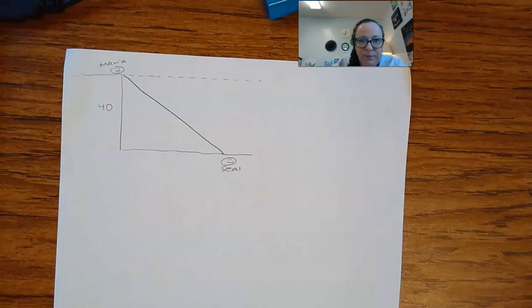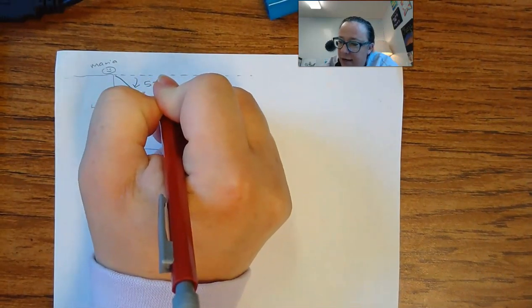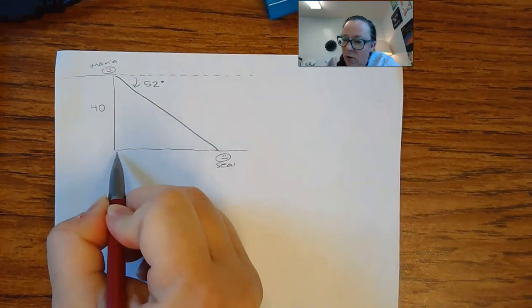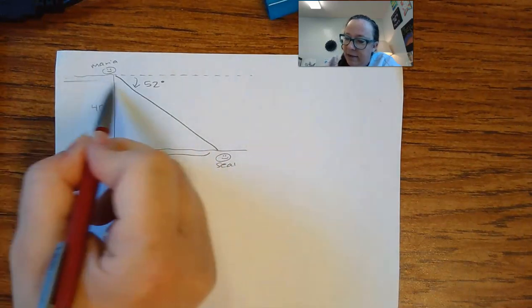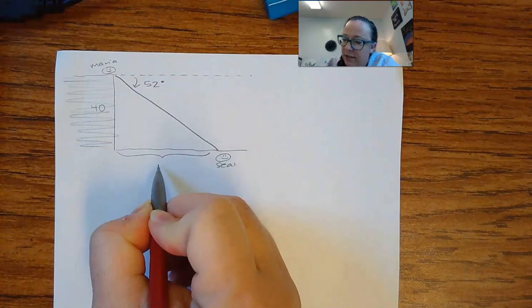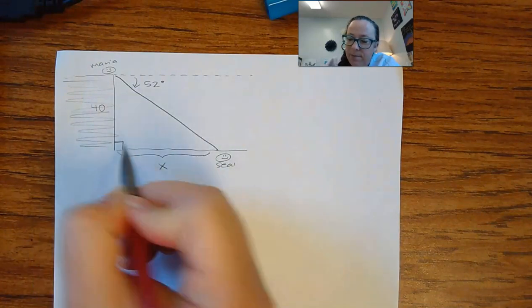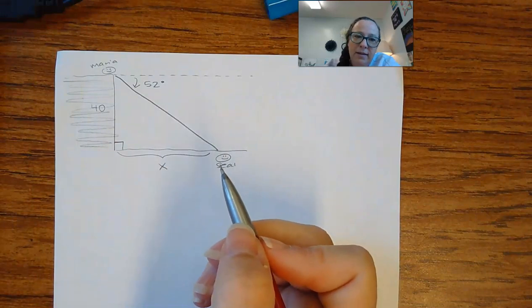Okay. So this angle of depression is 52 degrees. And it wants this horizontal distance, because this is the cliff right here. Horizontal distance from the seal to the cliff. So I'm just going to put an X there. Now we know that this is a right angle. And what can I infer?